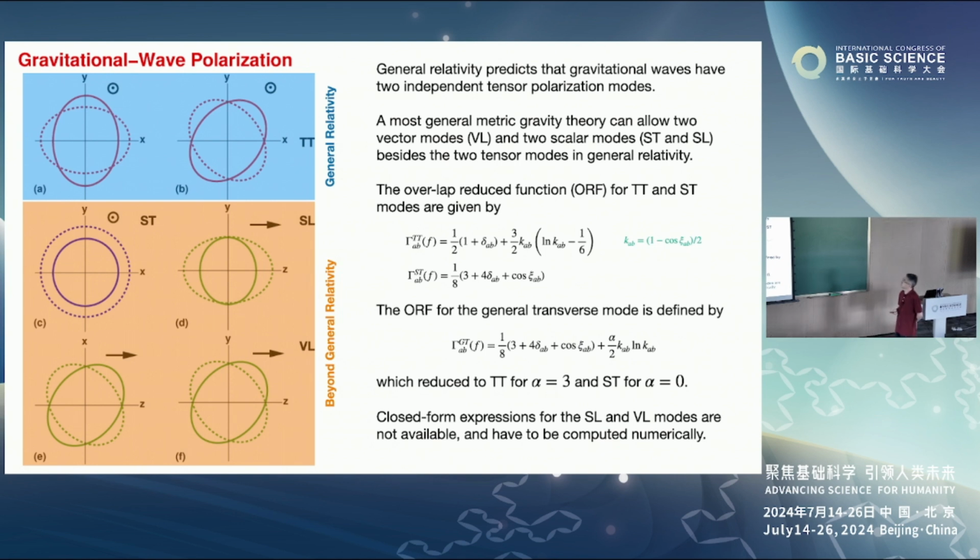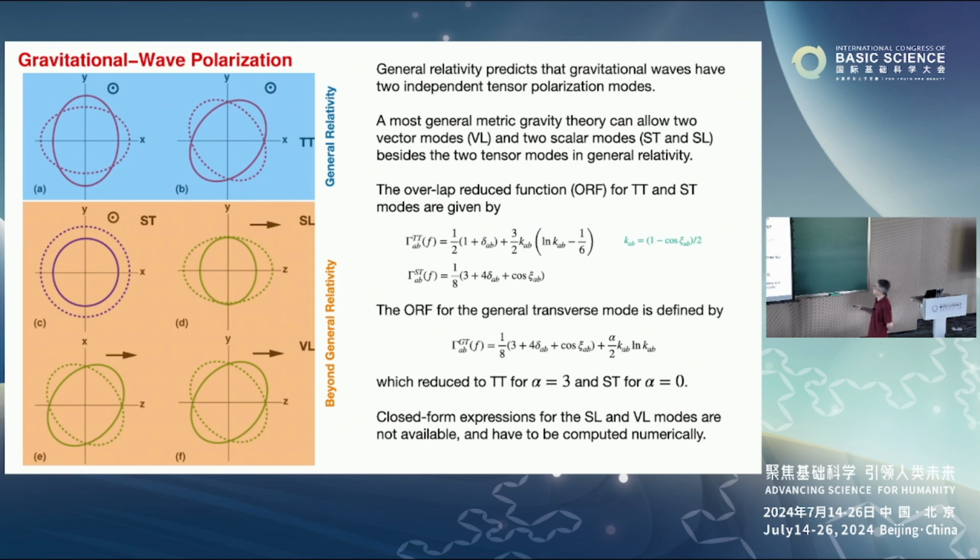For the most general metric gravity theory, it can allow two vector modes, a transverse mode and a longitudinal mode, and two scalar modes, besides the two tensor modes in general relativity. And in pulsar timing arrays, we can measure the different polarization modes, which have different overlap reduction functions.